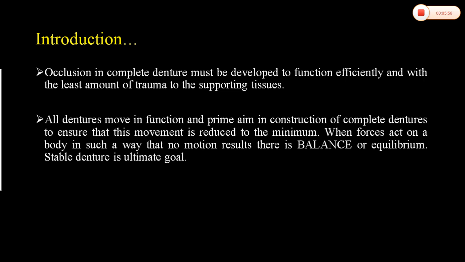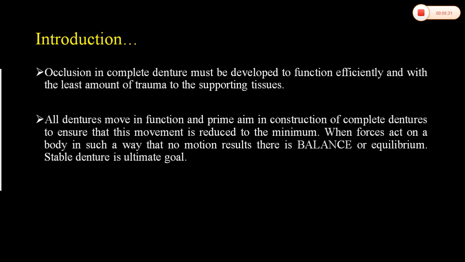So we have to create an occlusion such that the right side and left side occlusion have equal contacts. When the patient closes the mandible, right and left contacts have to occur simultaneously. Imagine the patient tries to close the mandible and occlusion is there only on the right side of the denture bases. What happens? The left side denture base will lift.